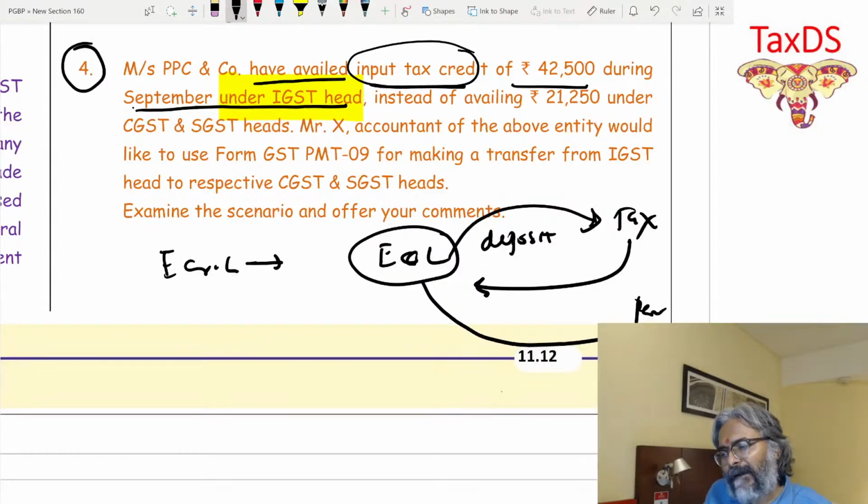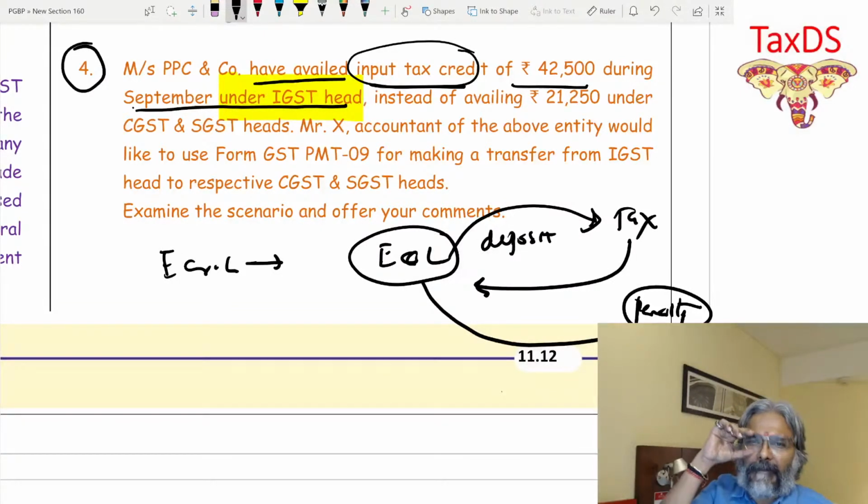Put it to another minor head, say in this case a penalty. That is where we need to do a transfer in this context, isn't it?